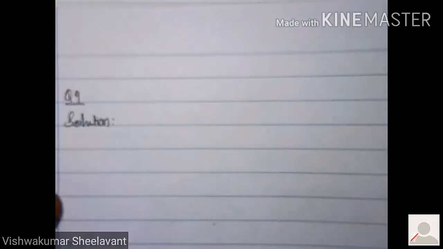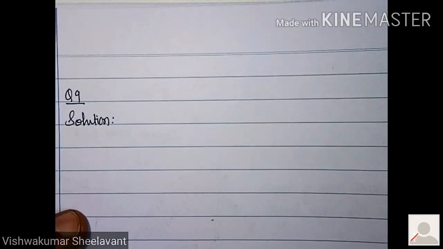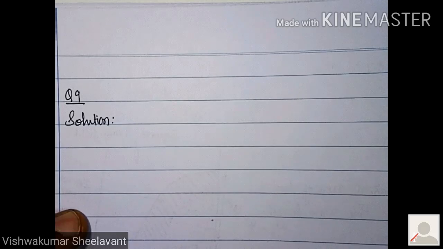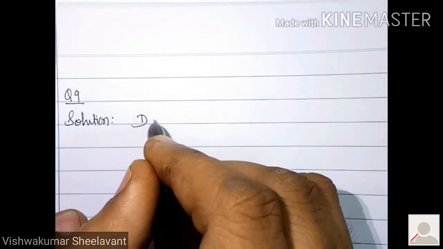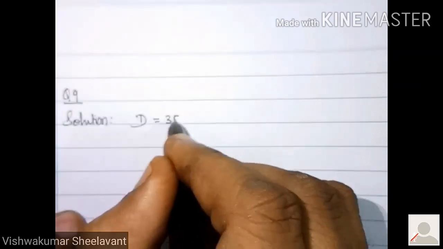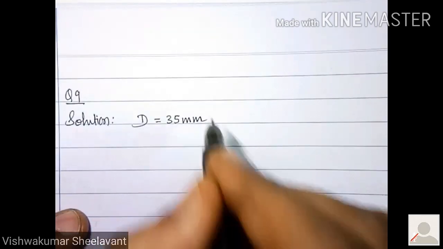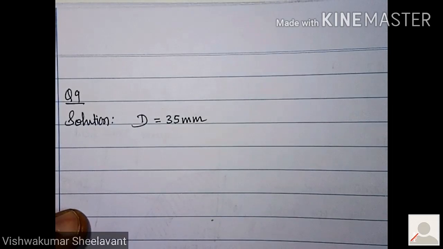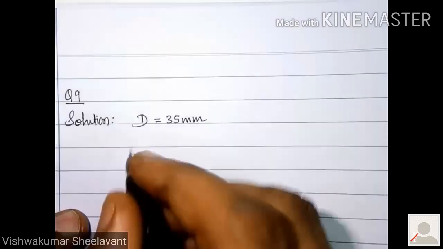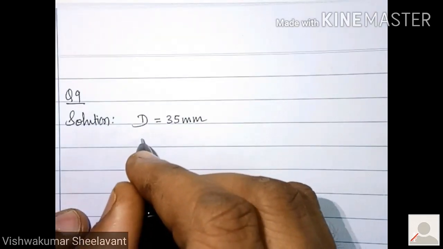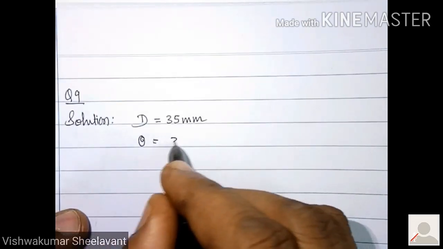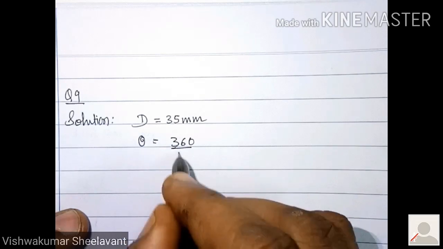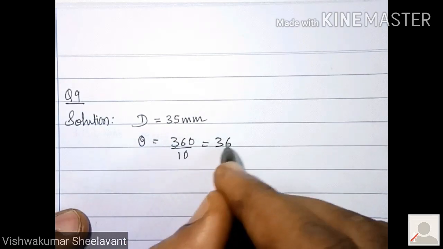Question number 9, solution. D equal to 35 millimeter. Theta equal to 360 divided by 10, that is equal to 36 degree.